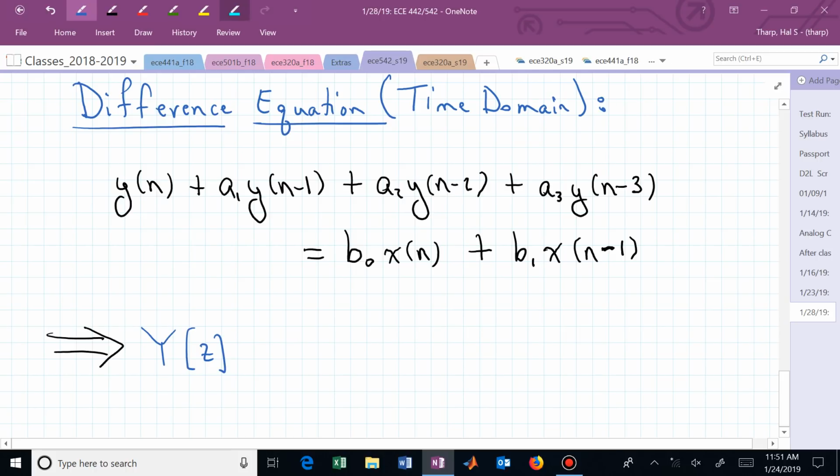A1, A2, B0, B1, those are all constant coefficients. Those will not influence the z transform, so now we have plus A1 z to the minus 1 capital Y of z, since that second term is delayed by one sample period. Then the third term is delayed by 2 sample periods, plus the last term on the left-hand side of the equality delayed by 3.